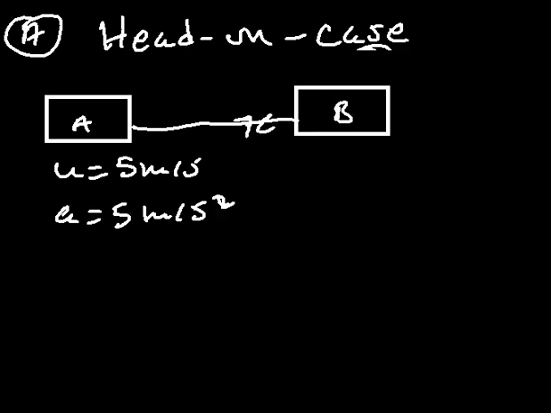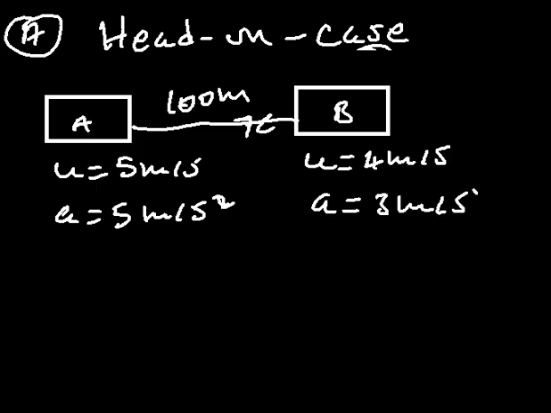Let's say the separation distance is given as 100 meters, and it has an initial velocity of 4 meters per second and an acceleration of 3 meters per second squared. What is the distance each object has to travel, the time it takes for the objects to meet somewhere, and also their respective final velocities? So try to have that one.